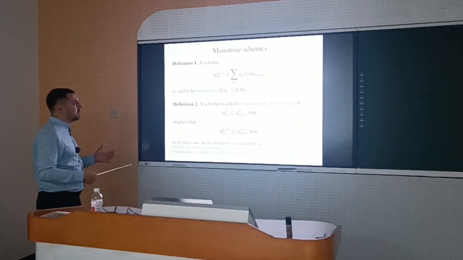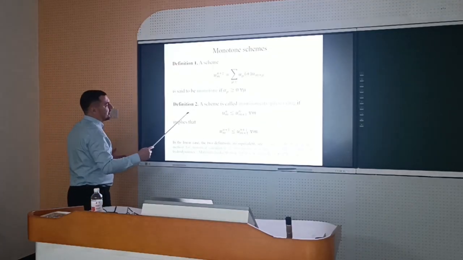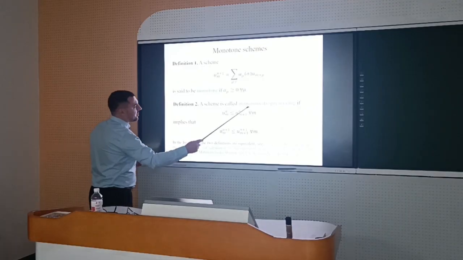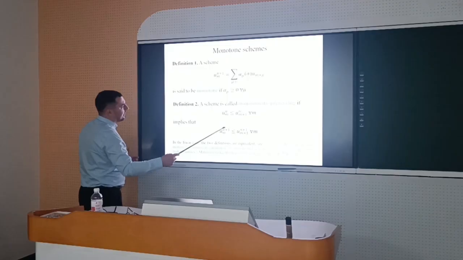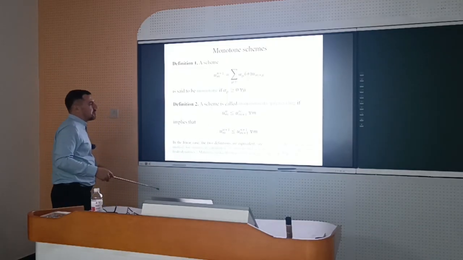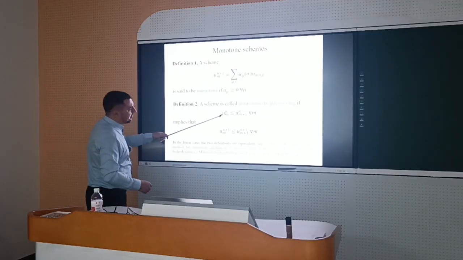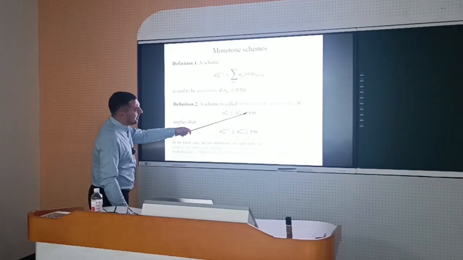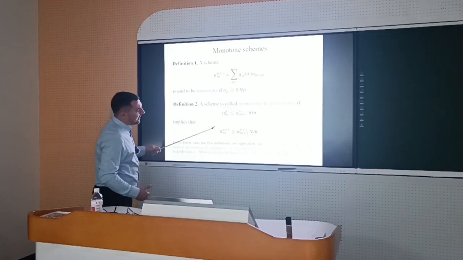Why do we need monotone schemes? Because in the linear case it is the same as a scheme being called monotonicity preserving if we have the same monotonicity of our numerical profile in the numerical solution. So it means that if u_m^n is less than u_{m+1}^n for all m, at the next time step we have the same monotonicity.